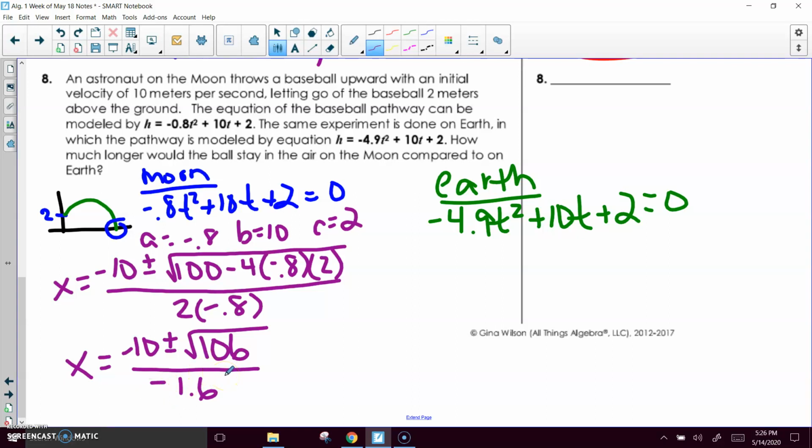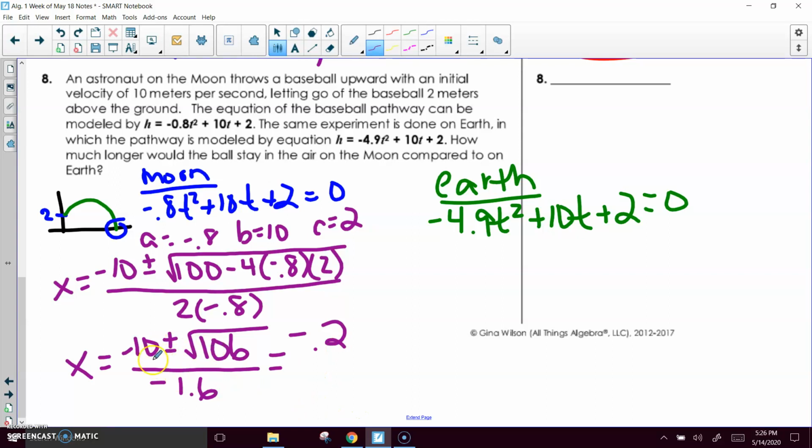Now, typically when we did solving by square root, we stopped right there, but I actually want a decimal answer here. So to type that in, we type in negative 10 plus the square root of 106, hit equals, then divide by negative 1.6. When we do that, we get approximately negative 0.2.